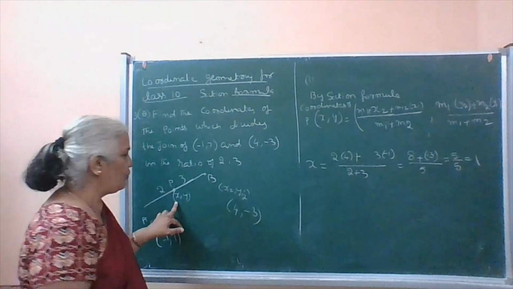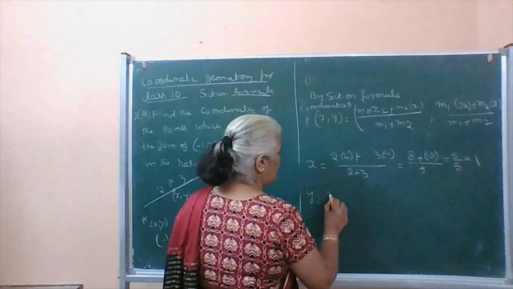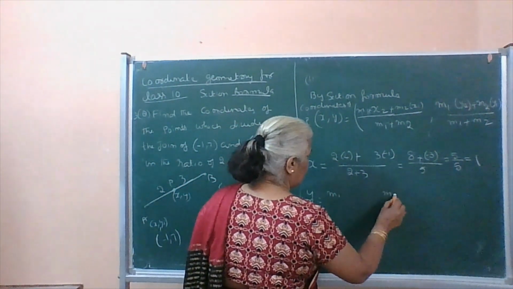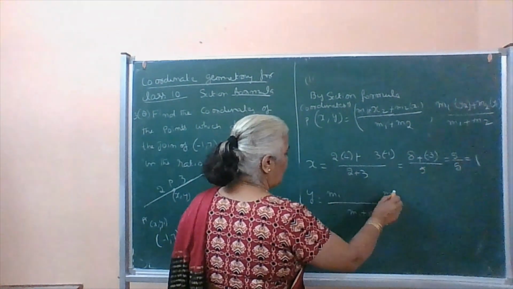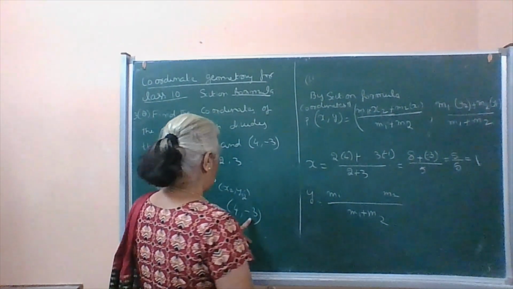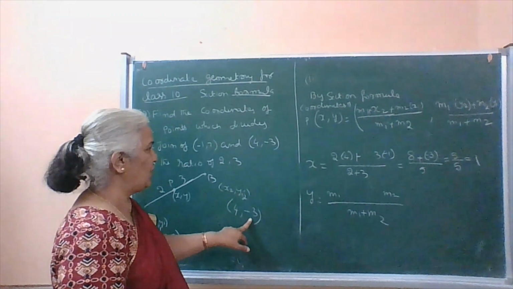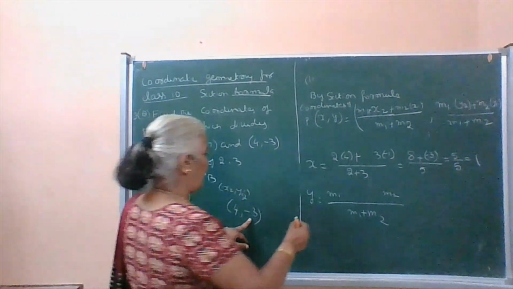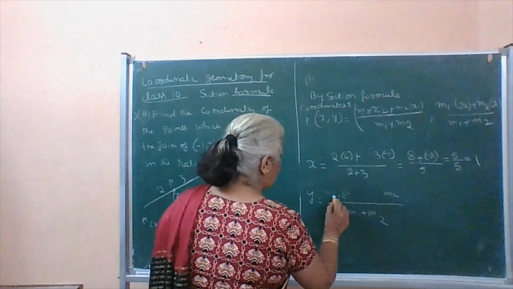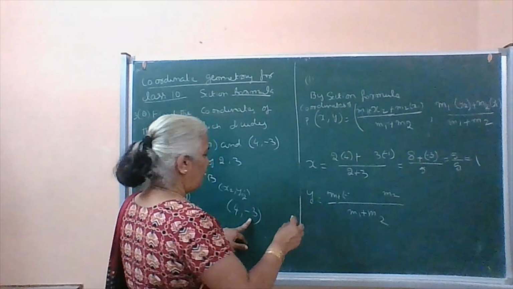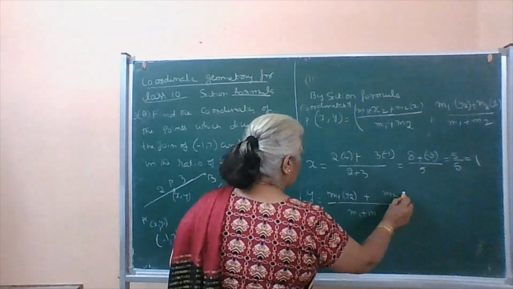That means the value of x is 1 here, and y is equal to, m1 y2 plus m2 y1 by m1 plus m2. Here y2 is -3, and m1 is 2, and here it is y1.